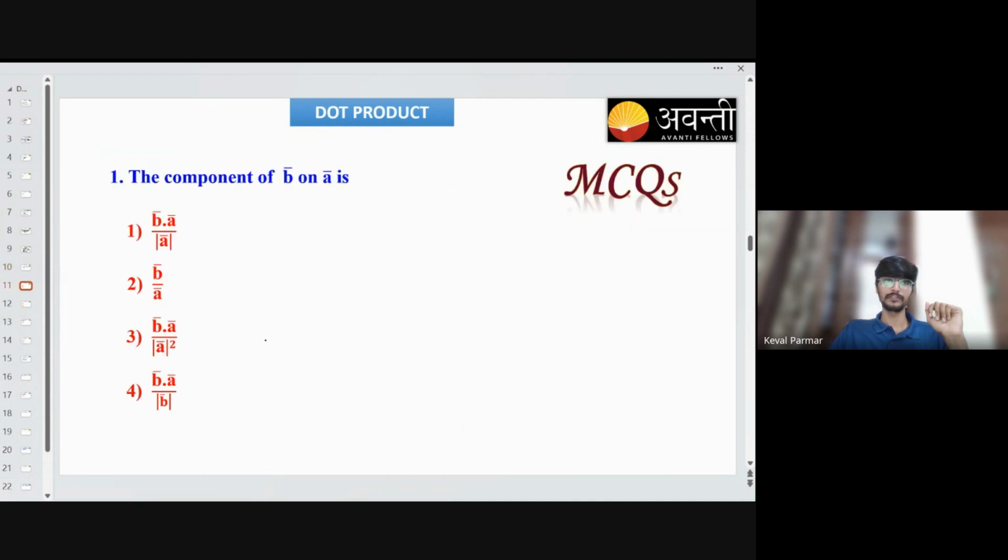Let's move to the next. This is the MCQ, the component of B bar on A bar. If you remember this, B on A, so A will be in the denominator, and they are asking only component, not vector component or orthogonal component.